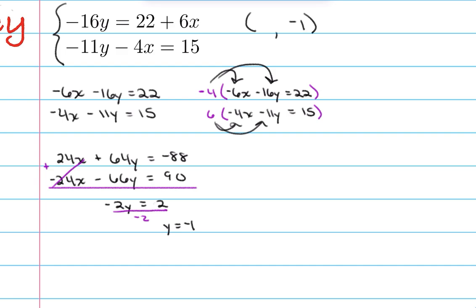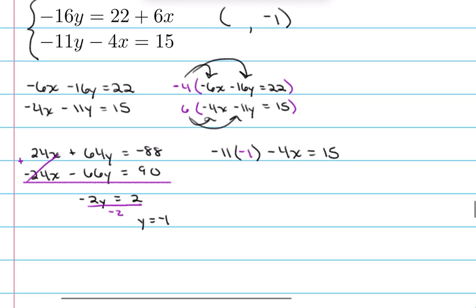Do the same thing that we've been doing when we solve these systems of equations. Once you have found one of the values, you want to plug it into one of your equations and solve for the remaining one. It does not matter which equation you do. So I think I'm going to go with the bottom one this time. I have negative 11y. I have my y value. It's negative 11 times negative 1 minus 4x equals 15.